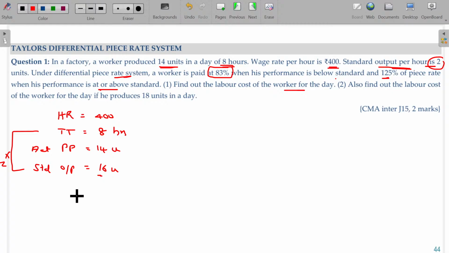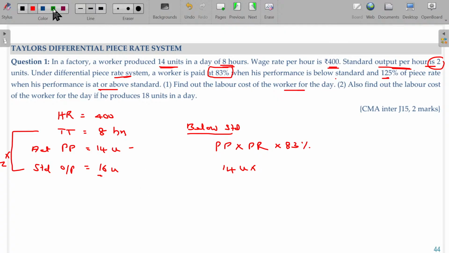In this case, below standard. Then pieces produced into piece rate into 83%. Differentials to be applied. Pieces produced being 14. What about the piece rate? We have been given the hourly rate.